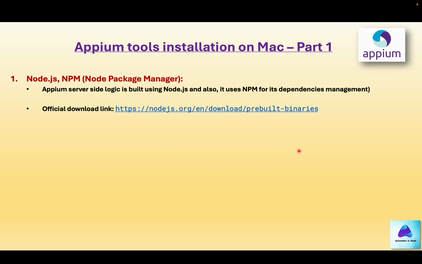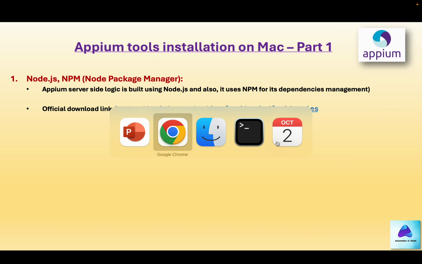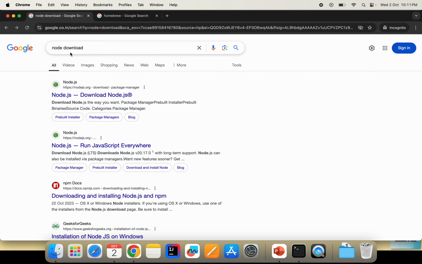Okay, that being said, let's go ahead and download Node.js on our MacBook. There are two ways we can download this. I'll show you the first way now, which is going to the official Node website and downloading it. We can click on this link, or we can go to the browser, type node download, and click on the first link.